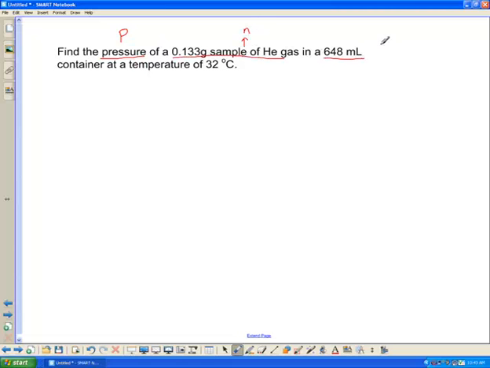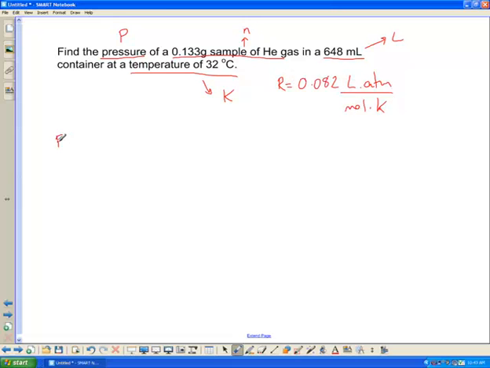We are given the volume that we've got to convert into liters. We're given a temperature that we've got to convert into Kelvin. All right. Notice we're not given the gas constant. That is right here, 0.082 liter atmospheres per mole per Kelvin.